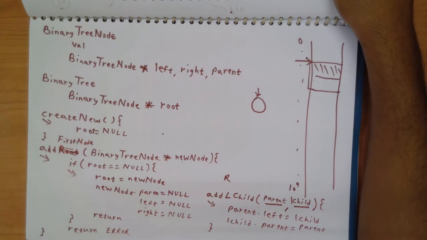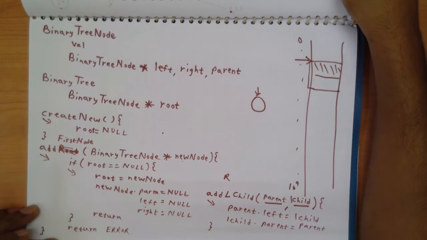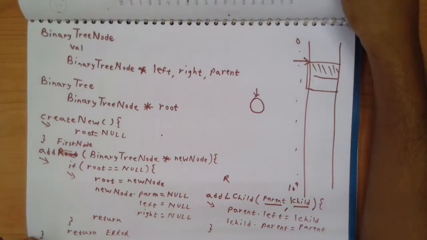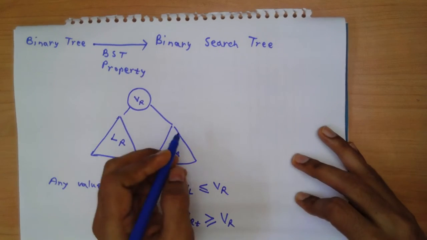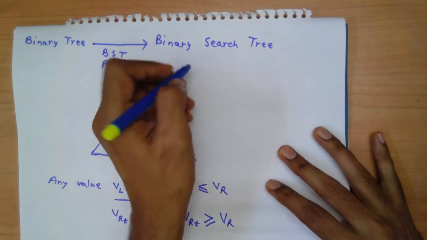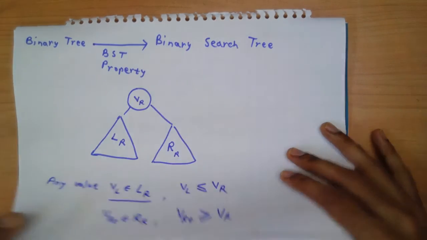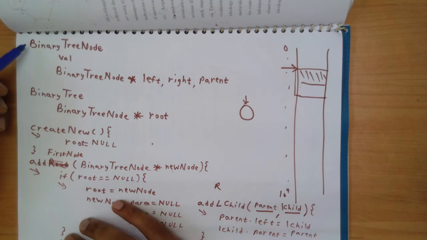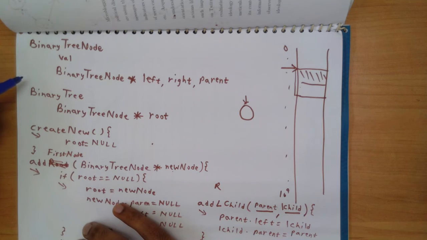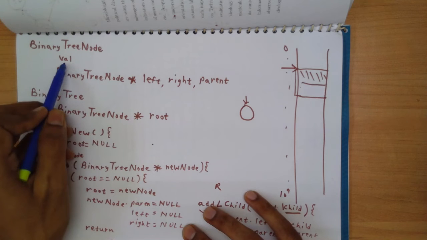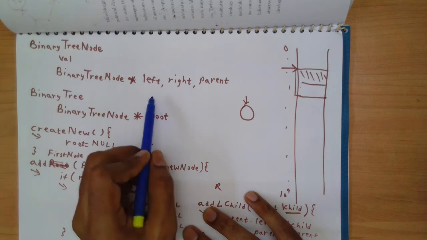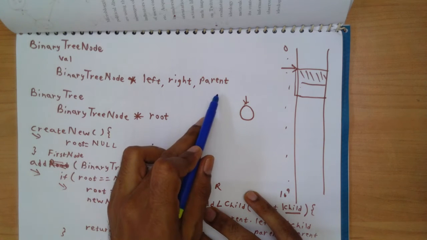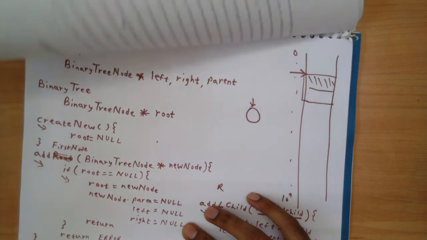First, will we require any changes in the node? Just like the binary tree node, we will have a binary search tree node, and we don't really need anything new. We still store a value or any data, and keep track of left, right, and parent. So we'll still use our binary tree node.